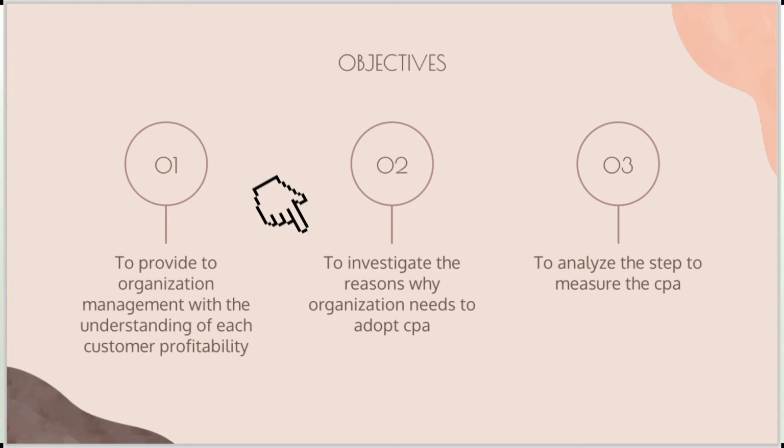Second, to investigate the reason why a company needs to adopt customer profitability analysis, because it will help managers to present profitable new products and services, analyze profitable customers, and also deal with discounts to achieve more sales with lower operating costs.